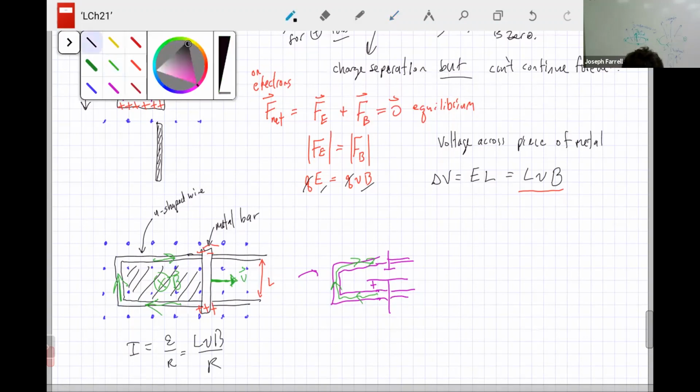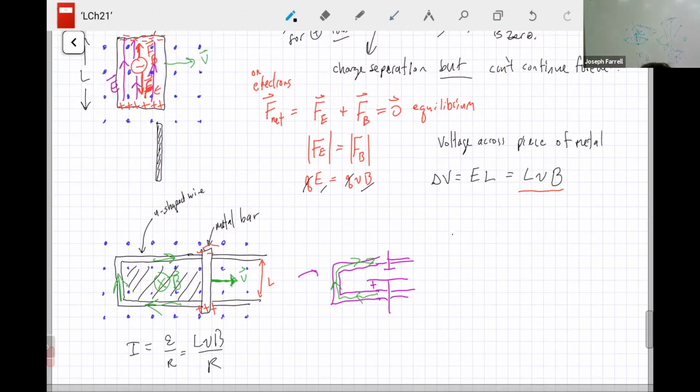And so finally, I've been avoiding this, but it's a great thing to look at. Using Faraday's law, you can just say it's delta phi over delta t, your flux.